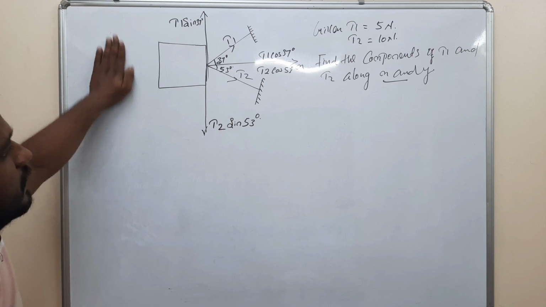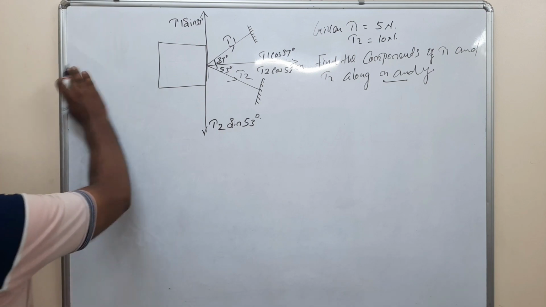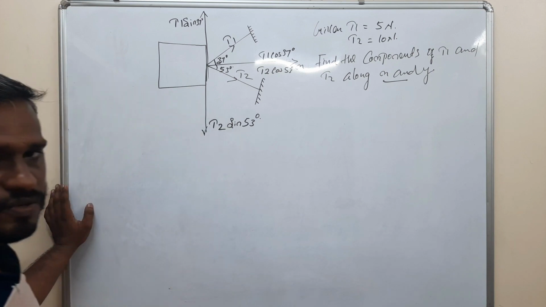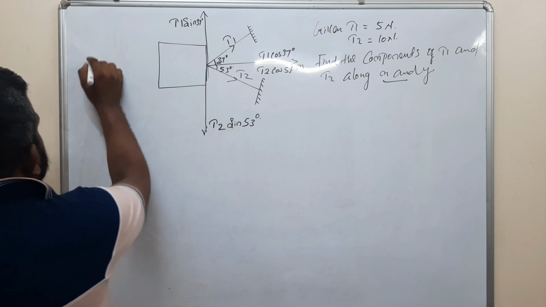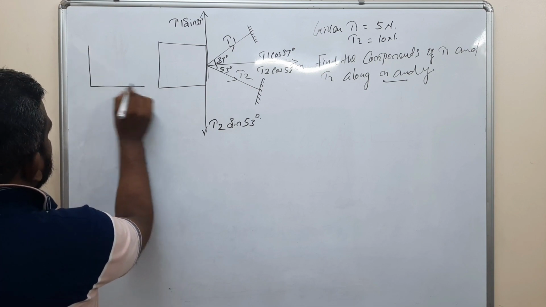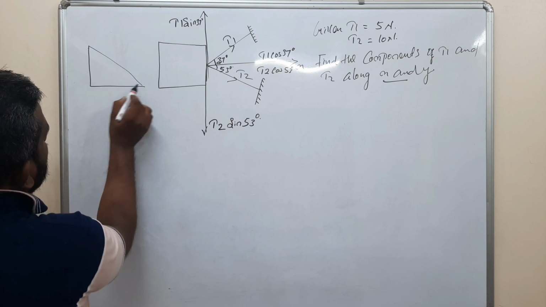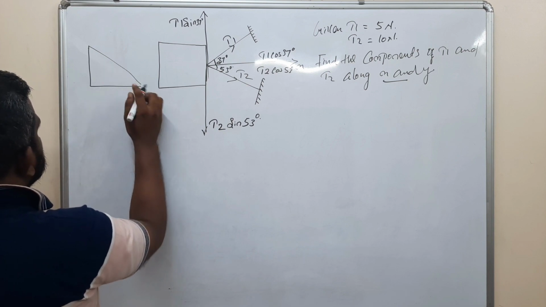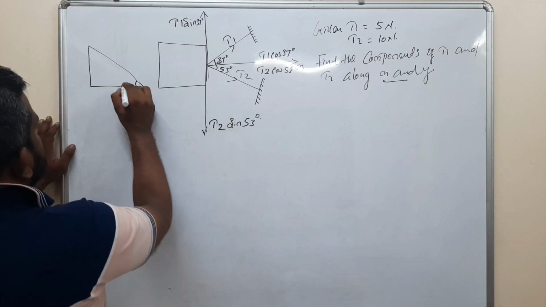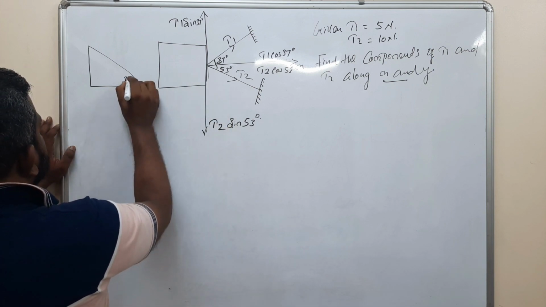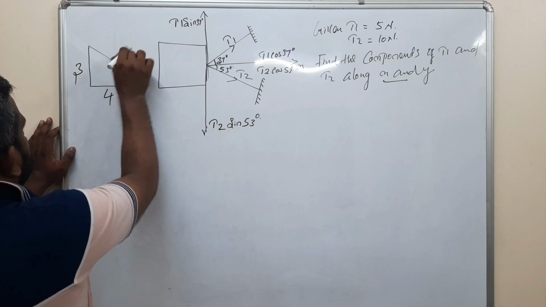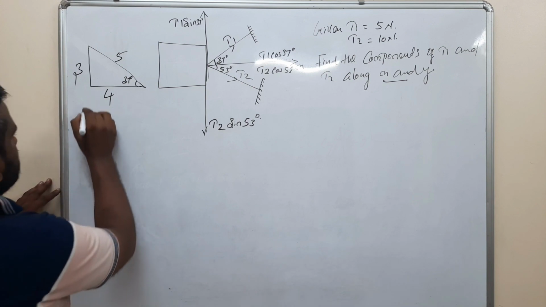37 and 53 triangles are famous triangles. We already discussed that triangle. So if this angle is 37 degree, what are the sides? 3, 4 and 5.